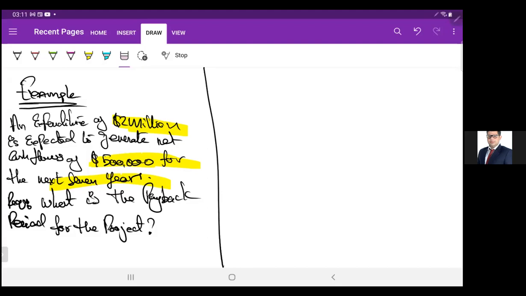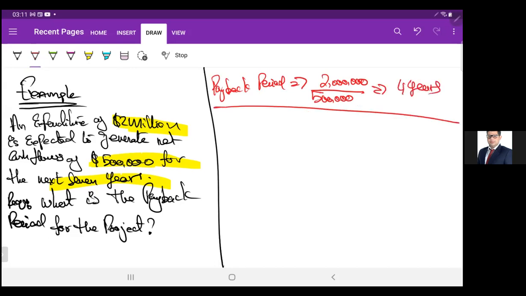What is the payback period for the project? Very simple. Payback period is equal to 2 million divided by 500,000, and it's 4 years.